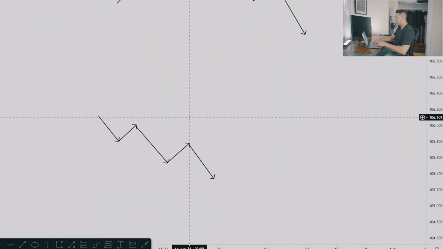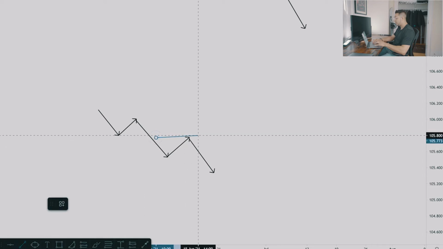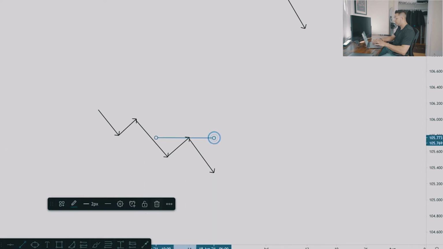So here's our lower high point right here, this blue line. This area needs to be broken entirely for it to transition from bearish to bullish, just as in the previous example.